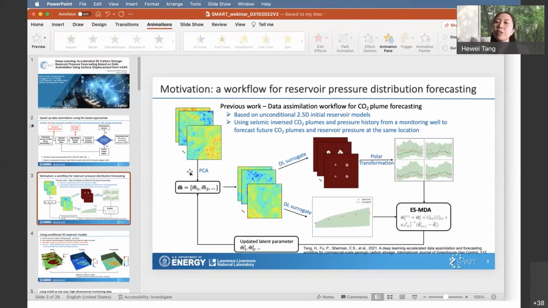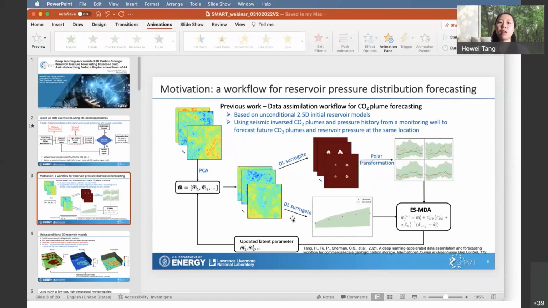Yes, thank you for your question. Yeah, we do agree that in this workflow, we consider a very ideal scenario. We use synthetic data, added Gaussian noise, but in reality, we can expect a lot of noise in the InSAR data, and in some scenarios, it's really difficult to interpret InSAR to get a good displacement field. So to answer your question, we did consider other data types.